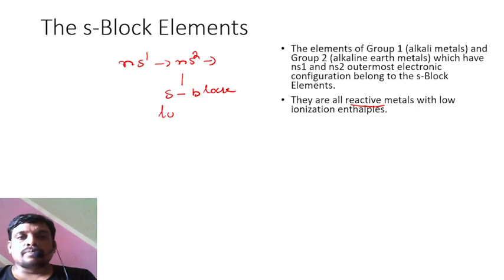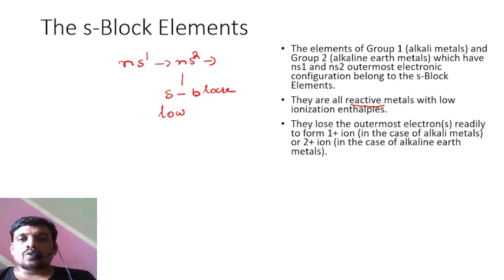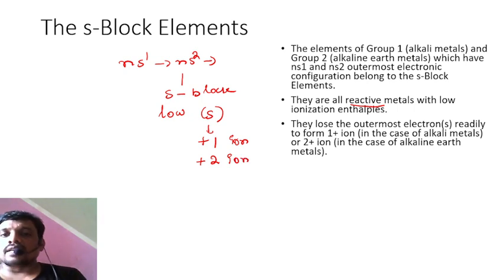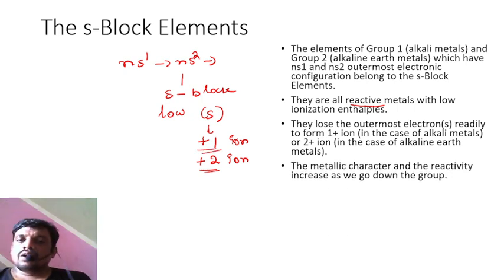The enthalpy is very low. They lose the outermost electrons from the s subshell readily to form a +1 ion, which means ionic character, in the case of alkali metals. In the case of alkaline earth metals, it will be +2. That is the difference between alkali and alkaline earth metals. We are going to discuss it in the further classes.